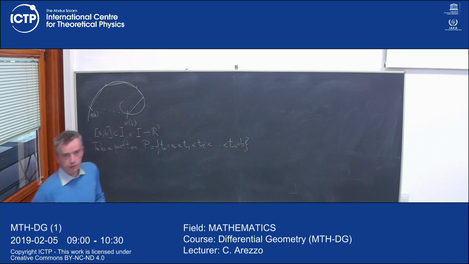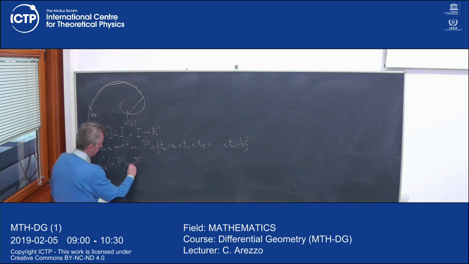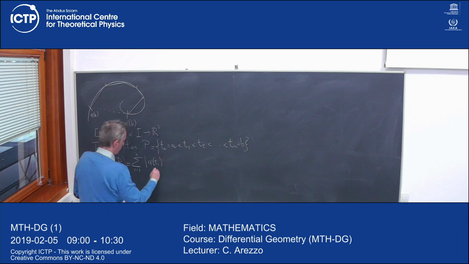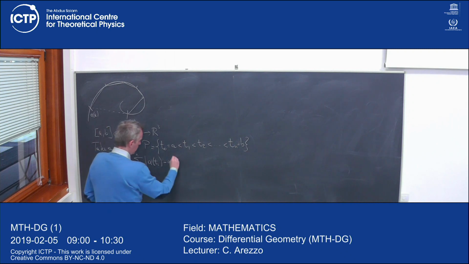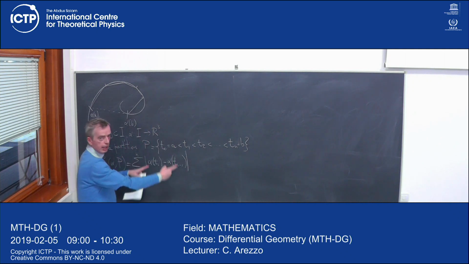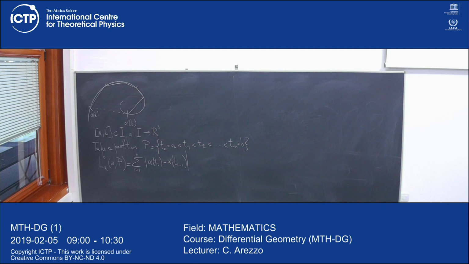Okay, you take a partition of your domain, and then you define the length between A and B of the curve alpha, subject to the partition P, to be the sum where this symbol means the length of the vector in R3, okay? So these are not numbers, these are vectors.